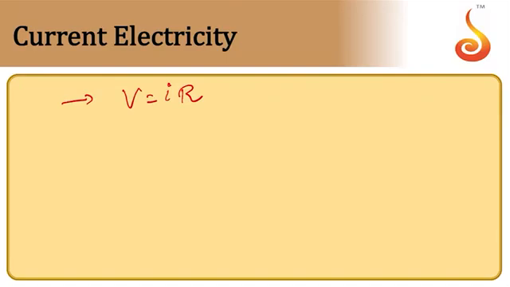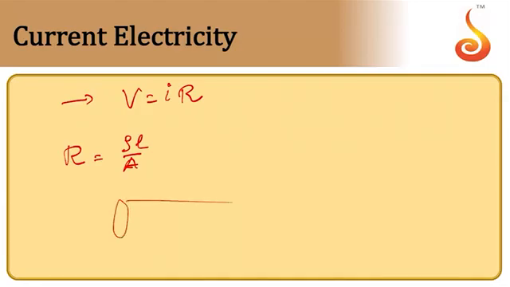Electrical resistance depends on the dimensions of the given object, temperature, and the nature of the material. This resistance R is given by rho L divided by A, where rho is the resistivity of the material, L is its length, and A is the area of cross section.